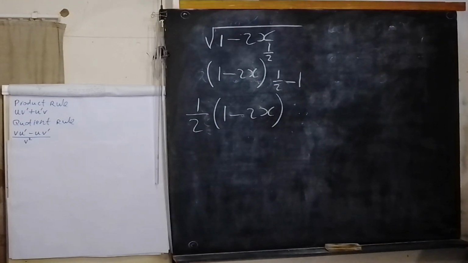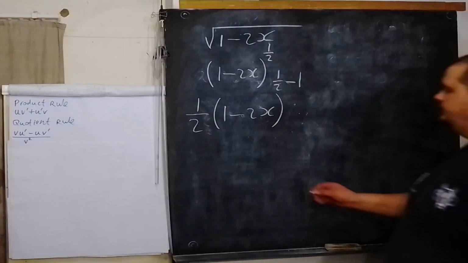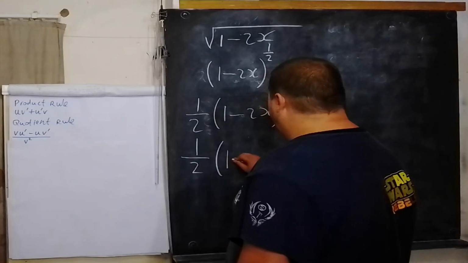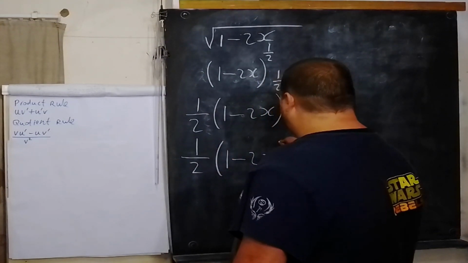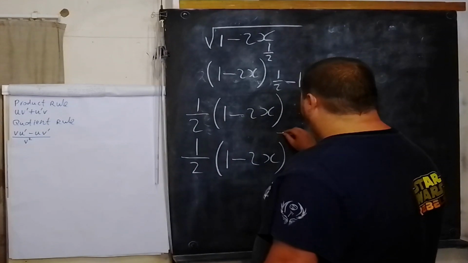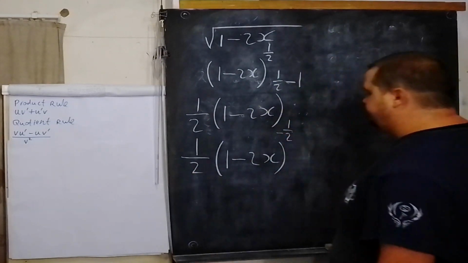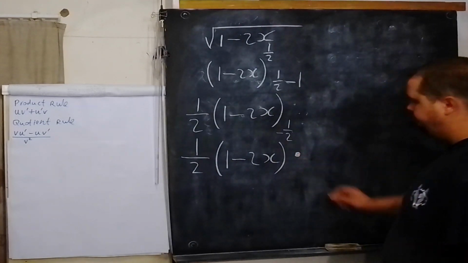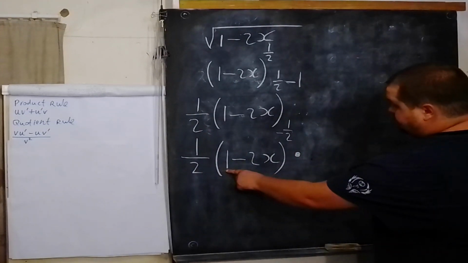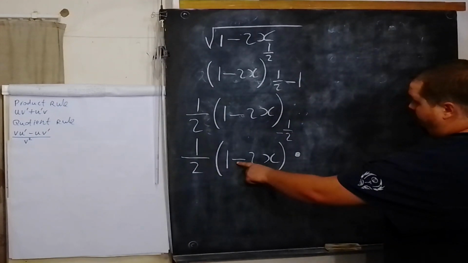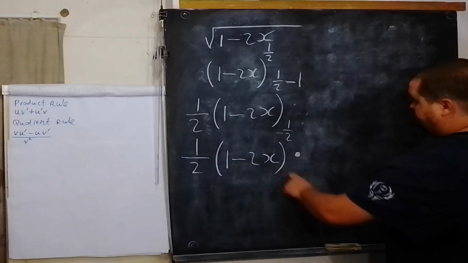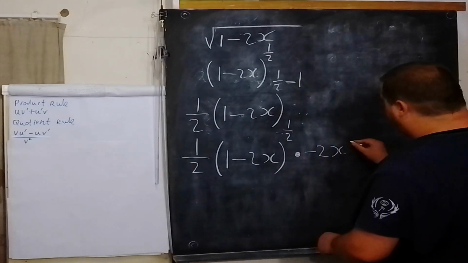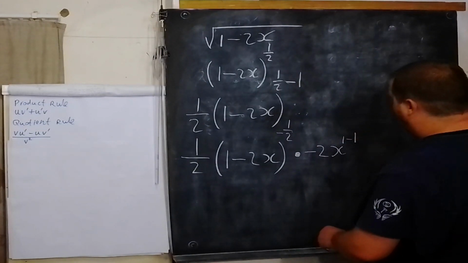Okay, so what we do now is state 1 over 2 times (1 minus 2x) to the minus a half, multiplied by the derivative of the inside. Now 1 is a constant. Now we've got minus 2x, so minus 2x to the power 1 minus 1.